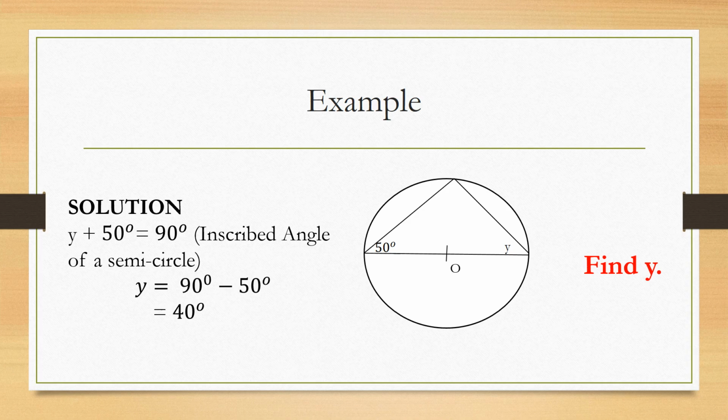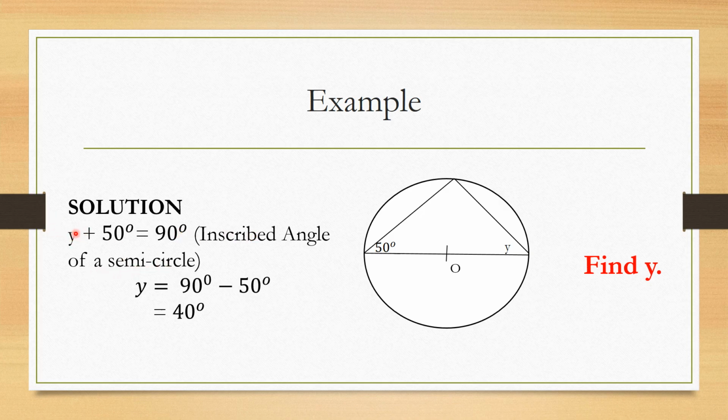Okay, here I have already solved it. Let me explain how it's solved. So y plus 50 degrees is equal to 90 degrees, the inscribed angle of a semicircle.